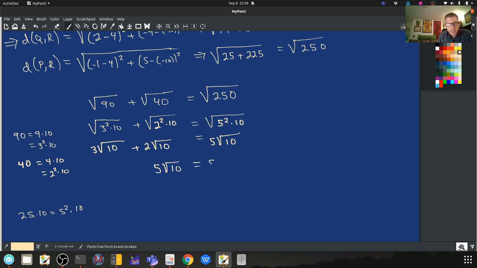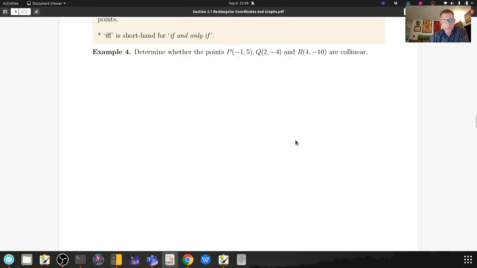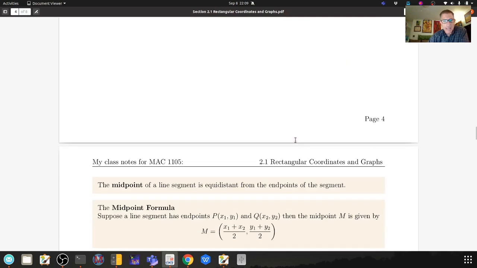And indeed, that is equal to 5 times the square root of 10. So we were able to discover that those points were collinear without doing any decimal conversion. And I kind of know that's how the problems are going to work out, because they want you to practice adding like radicals.